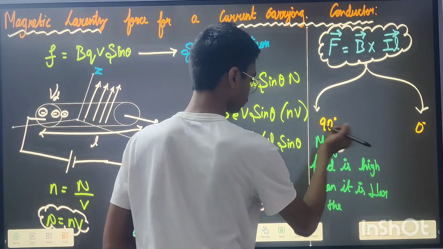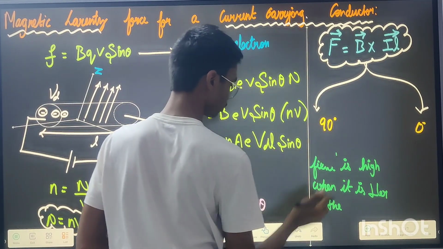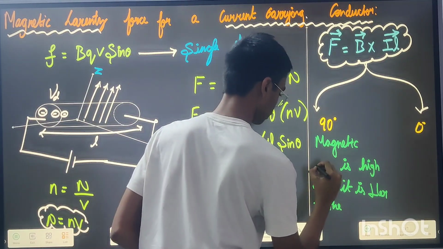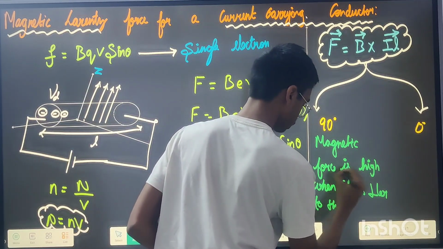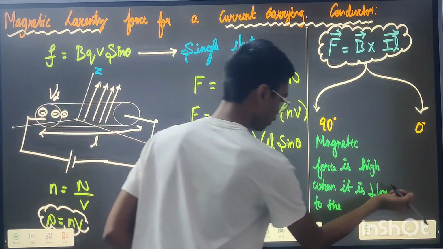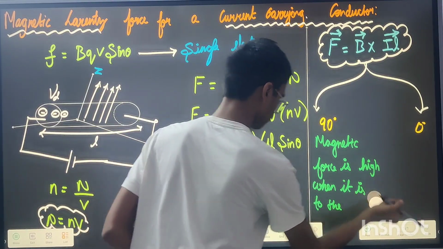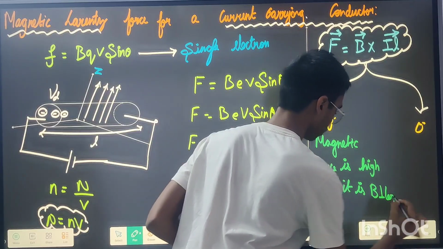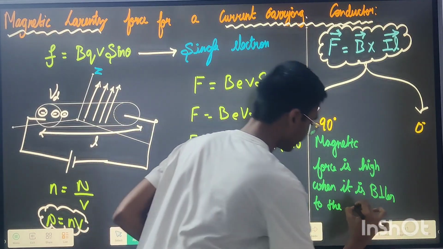Magnetic force is high when magnetic field is perpendicular to the IL.